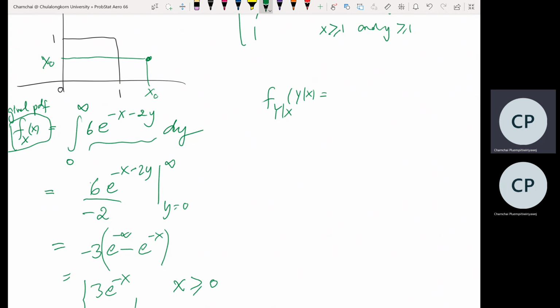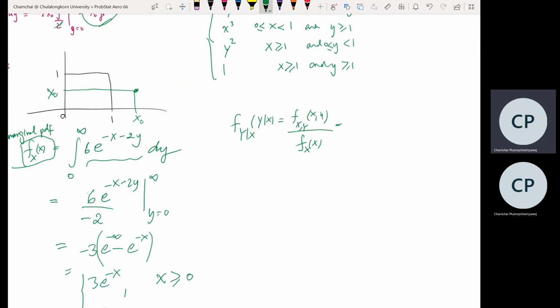Joint x y over f marginal x, okay. What's the joint x y?